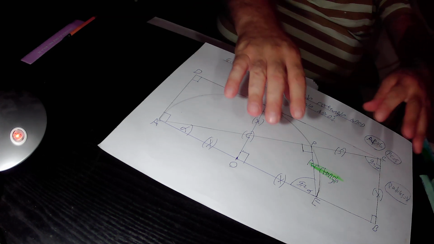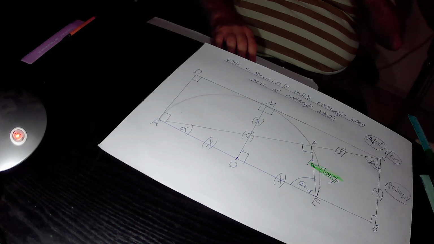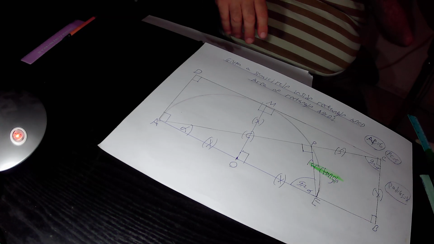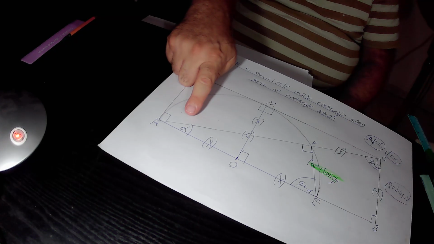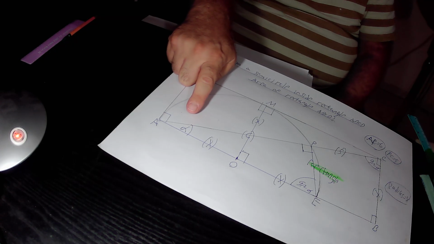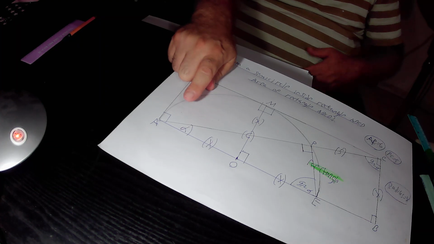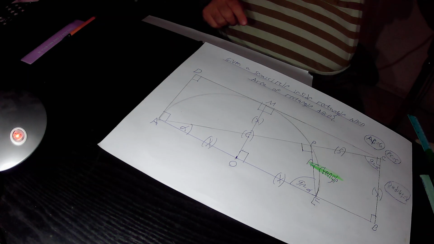So, why are those two right triangles similar to each other? First of all, this is angle A, that is a common angle that belongs to both triangles. So we can write down that angle A equals itself.